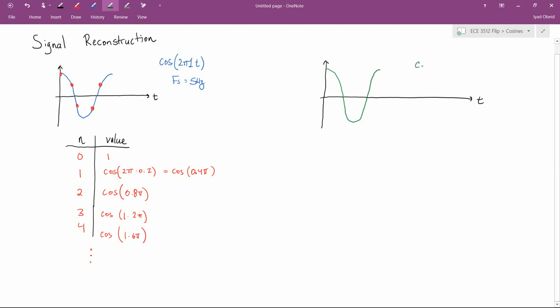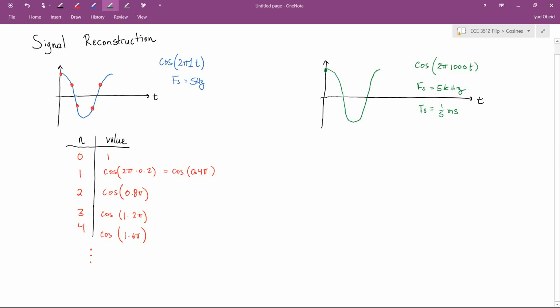So this is cosine of 2 pi times 1000 t. And this I'm going to sample at 5 kilohertz. 5,000 samples per second, which means that t sub s, the time between samples, is going to be 1/5 of a millisecond. That's just the reciprocal of f sub s. So I go and I gather my samples, and let's see what I get.